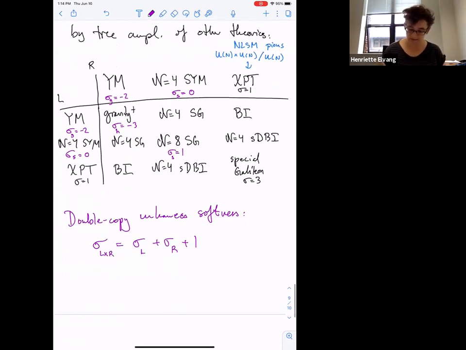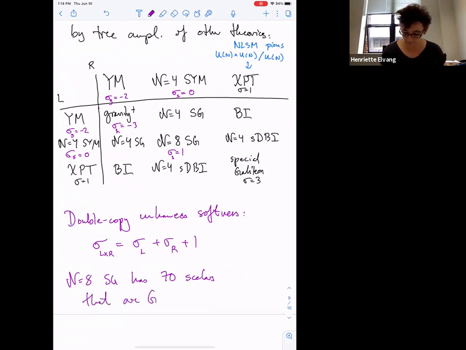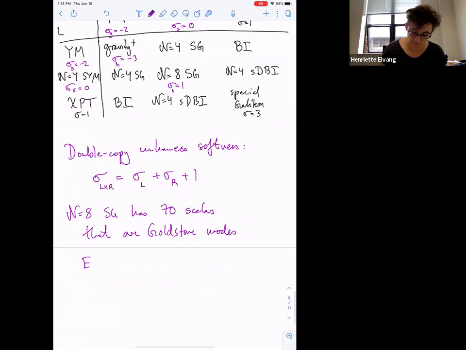Why do they vanish for scalars in N=8 supergravity? N=8 supergravity has 70 scalars. These scalars are actually Goldstone modes, and they're Goldstone modes of something that you can think of as spontaneous breaking of E7(7), the non-compact exceptional group, to SU(8).